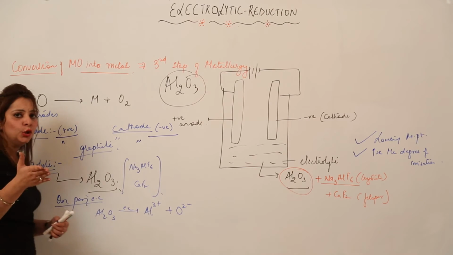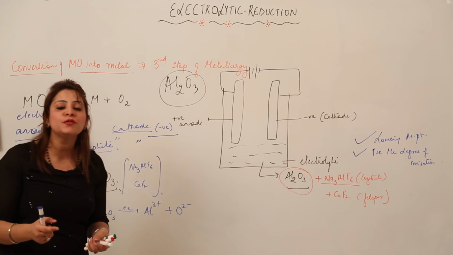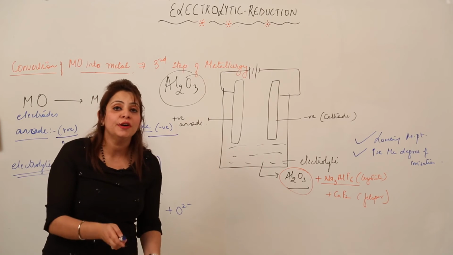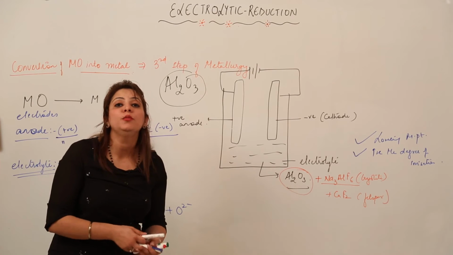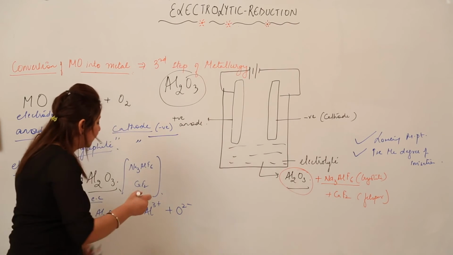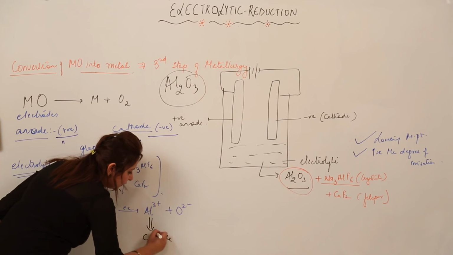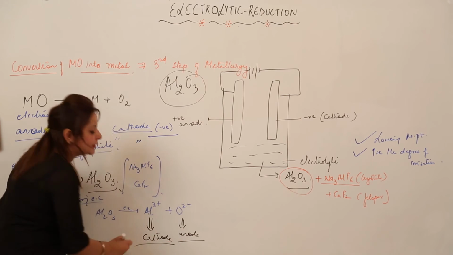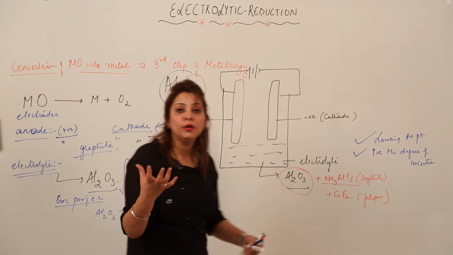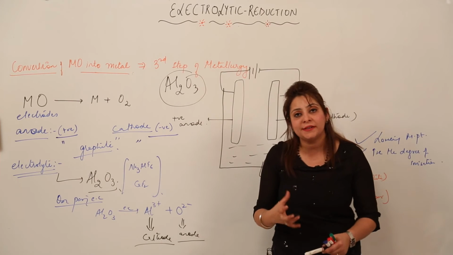The positively charged ion moves to the oppositely charged electrode, that is, towards the negatively charged cathode, and the negative ion moves towards the positively charged electrode, the anode.